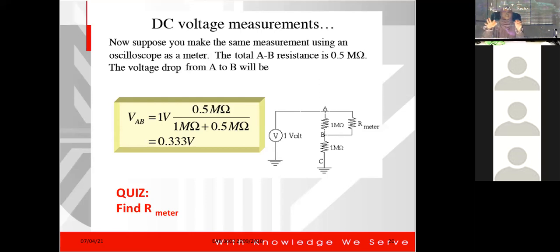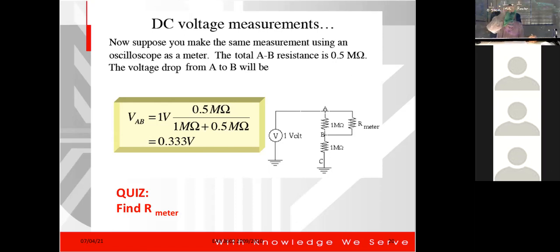Using this equation, what is R total AB? It was already given in the question. What is the R total AB? 0.5 mega ohms, yes. Remember the units are very important.